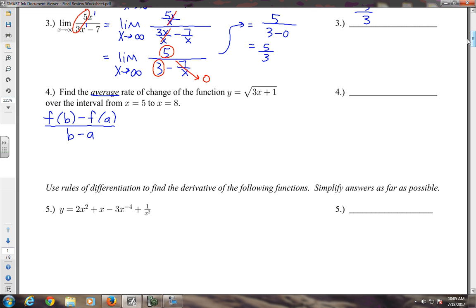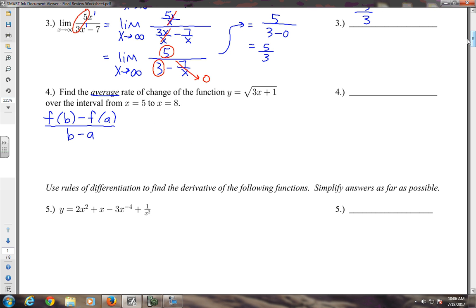In algebra, you probably learned the slope formula, y sub 2 minus y sub 1 over x sub 2 minus x sub 1. This is the same thing. We have the difference in the y values divided by the difference in the x values. So ultimately, we're just calculating a slope.